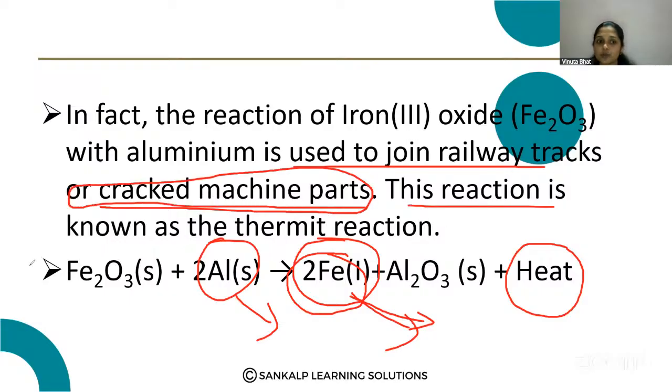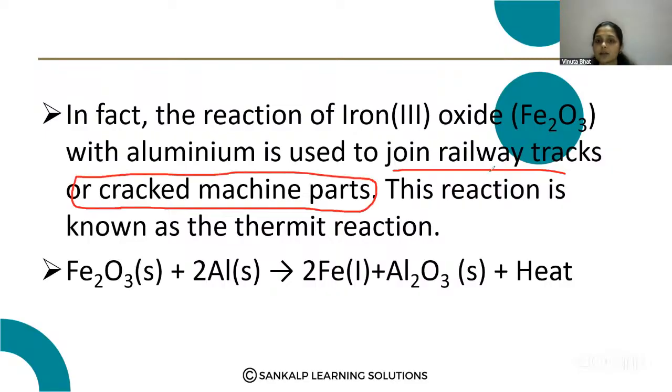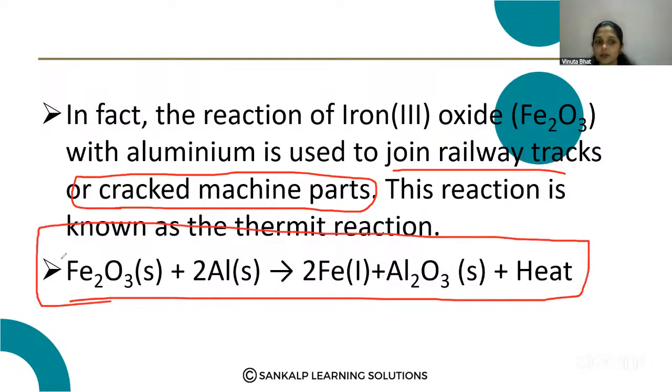So it is also very important why this iron oxide with aluminium is used to join railway track or cracked machine parts. They will ask questions like this, so that is very important. Okay, ಸೊ ಈ ರಿಯಾಕ್ಷನ್ ಕೂಡ ನೀವು ಪ್ರಾಕ್ಟೀಸ್ ಮಾಡಬೇಕು, ತುಂಬಾ ಇಂಪಾರ್ಟೆಂಟ್ ಇದೆ ಇದು ನಿಮ್ಮ ಎಕ್ಸಾಮಿಗೆ.